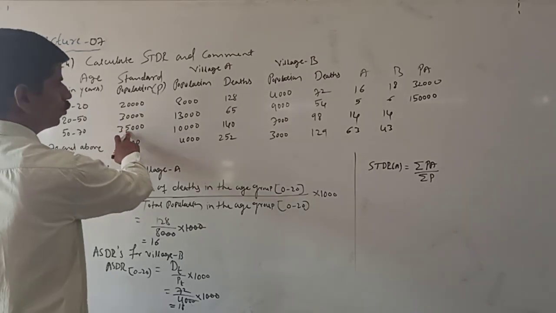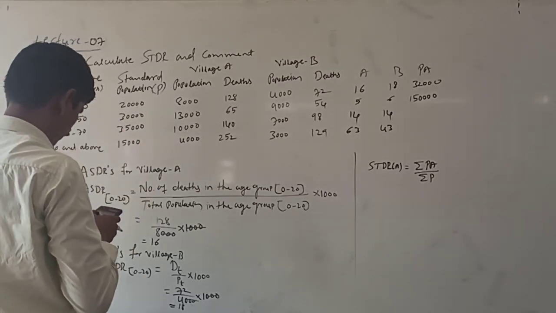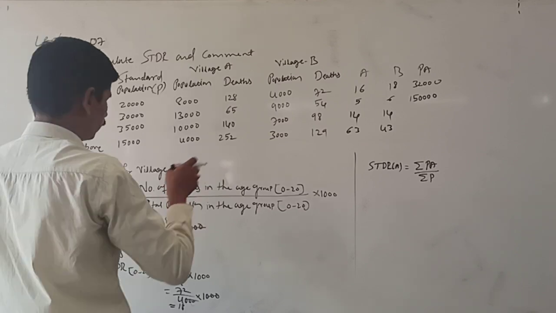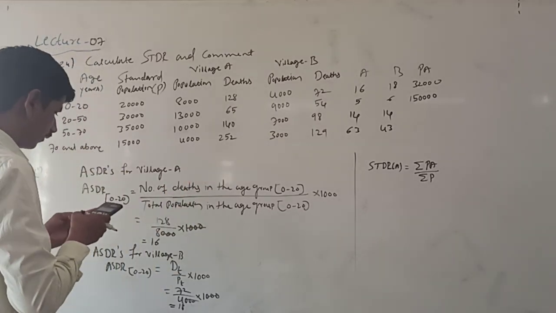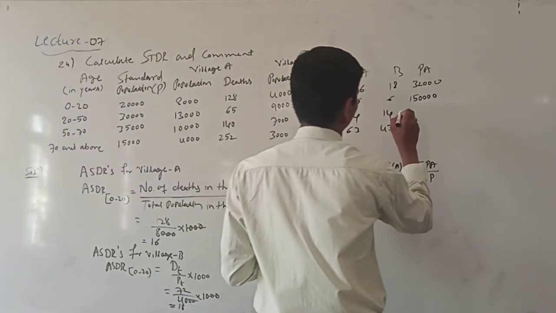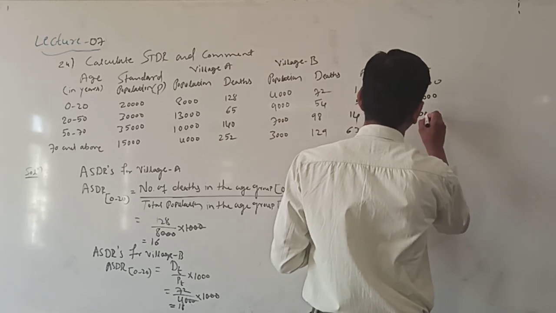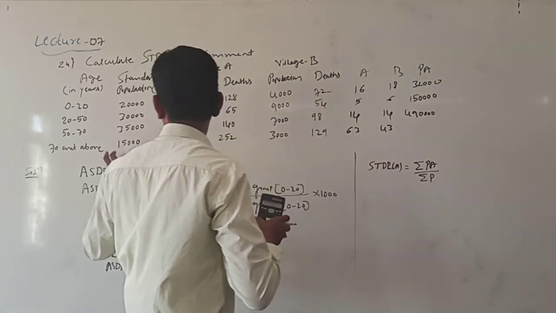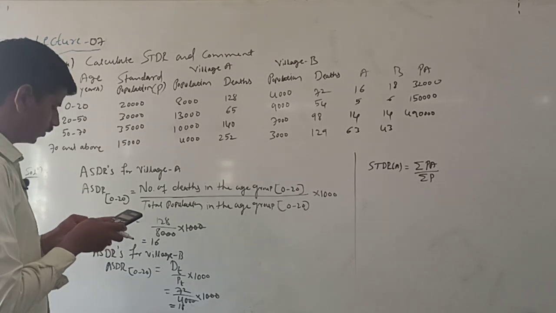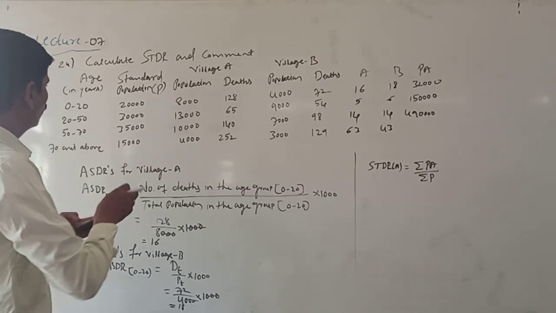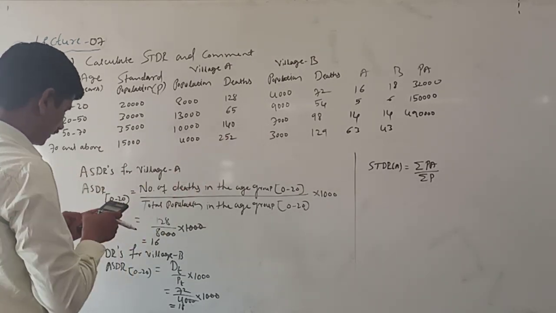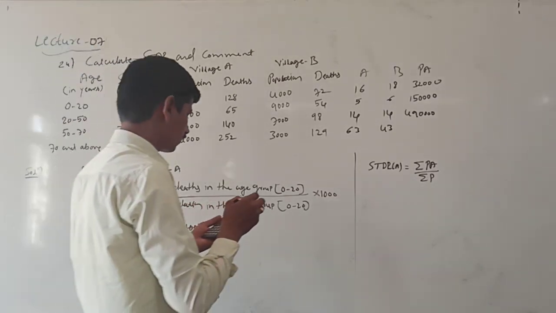The next, 35,000 into 14, then we will get 4,90,000. The next one is 15,000 into 63, then we will get 9,45,000.